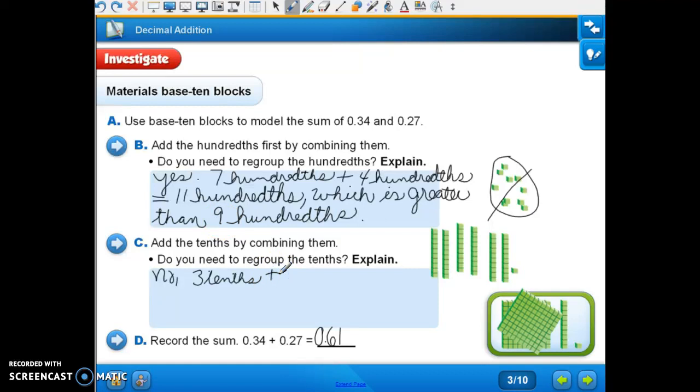Plus 2 tenths. Those were our 2 original tenths numbers. Then remember we regrouped.